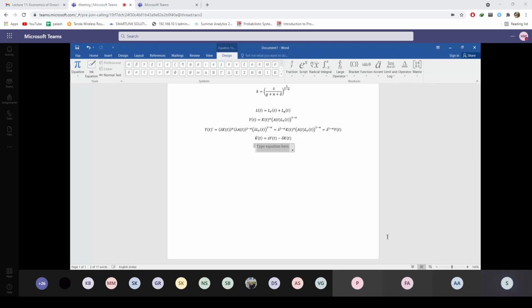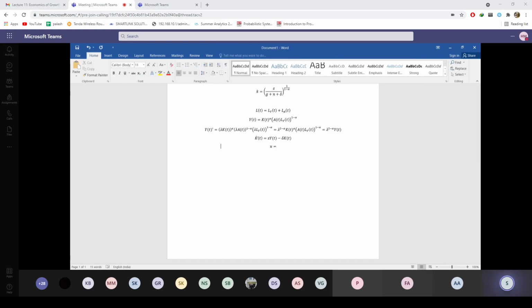So suppose my equation u equals a function of x comma y, and suppose it is homogeneous of degree n. What does the Euler equation say?